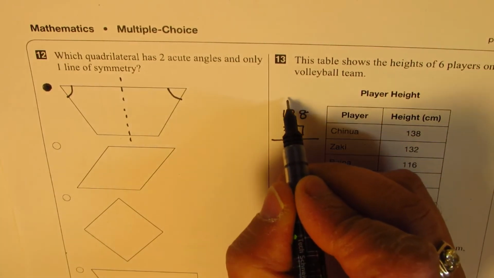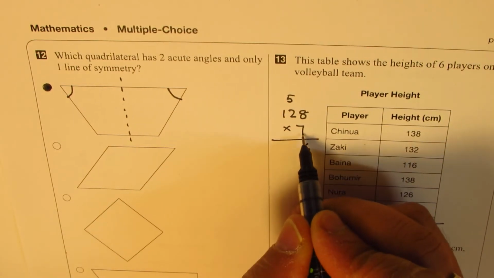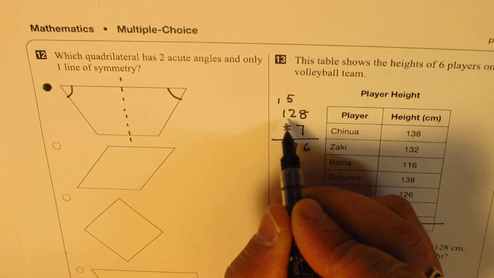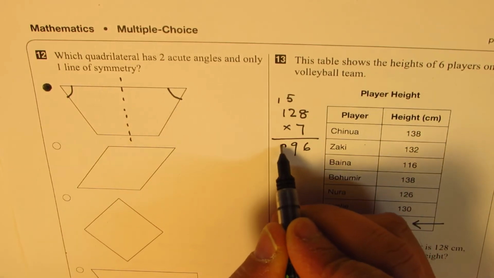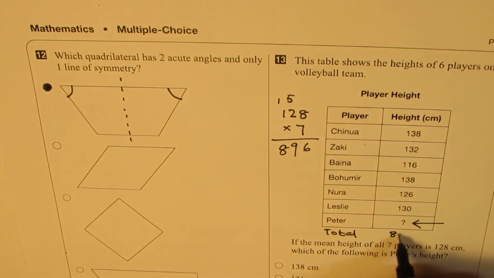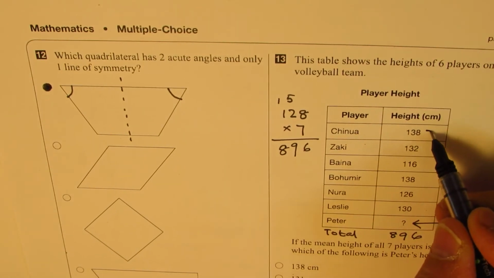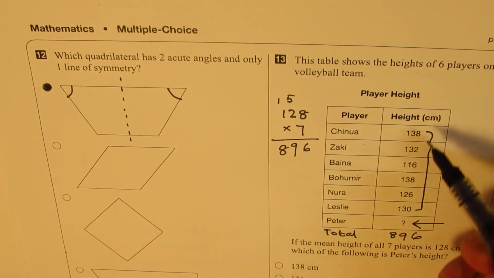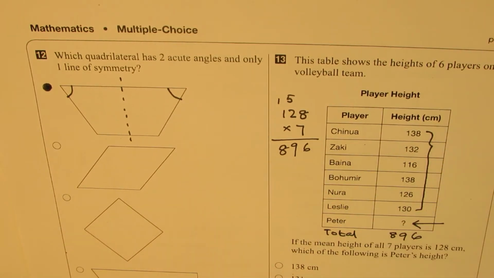7 times 8 is 56. 7 times 2 is 14 and 5, 19. 7 times 1 is 7 and 1, 8. So 896 is the total. Now, we should also add the heights of the 6 players which are given to us, and we'll take away that from 896 to figure out the height of Peter, right?